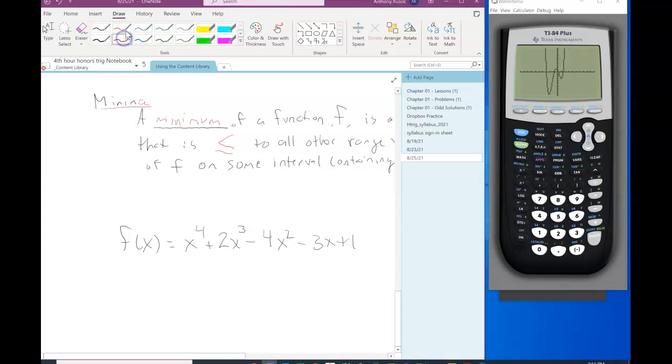I'm going to write those down in order. I said my global minimum, then a local maximum, then a local minimum, and then no global maximum.